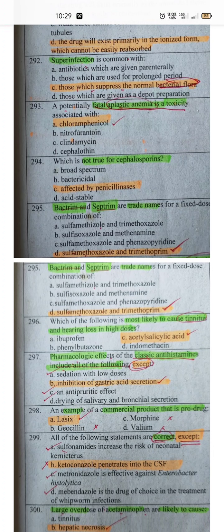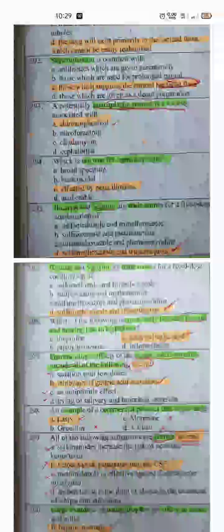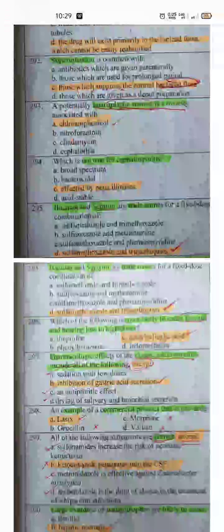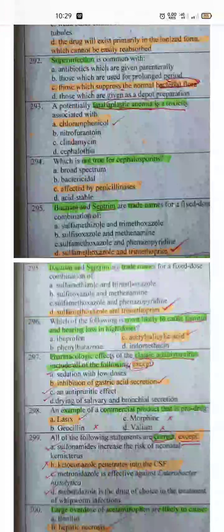Hemolytic anemia, on the other hand, occurs in patients with low levels of G6PD. So your aplastic anemia is a side effect of your chloramphenicol.